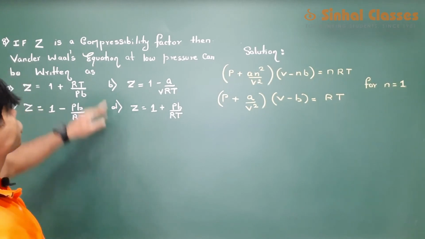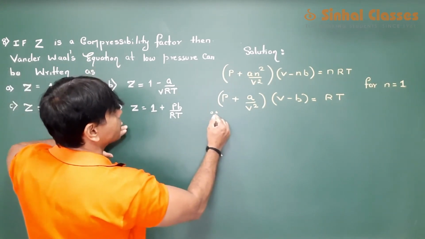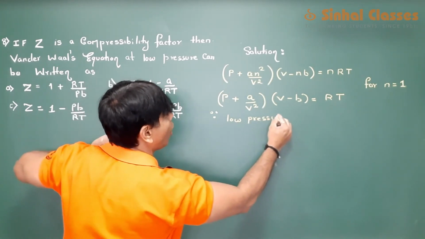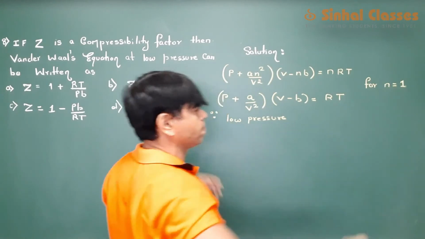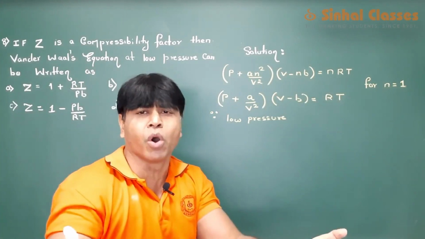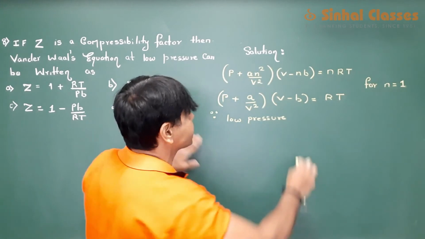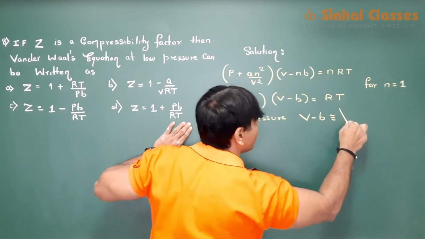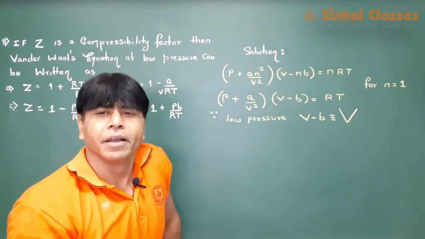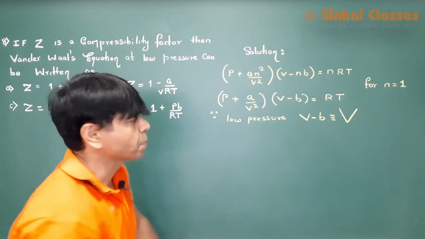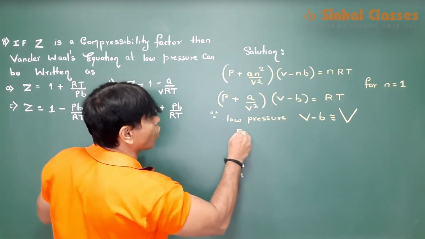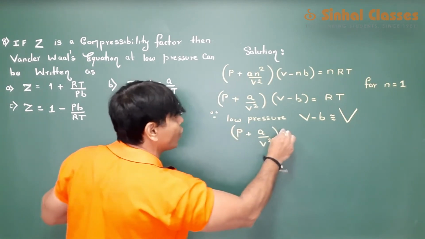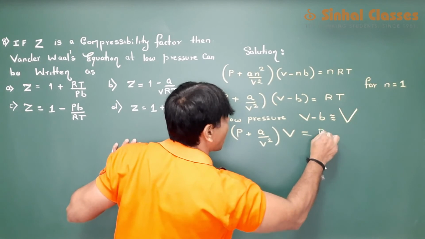Okay, now since it is very low pressure, it means volume is very large. Pressure is low, so volume will be large. If volume is large, then V minus B is taken as V only. So substituting here, (P plus A upon V square) into V will be equal to RT.